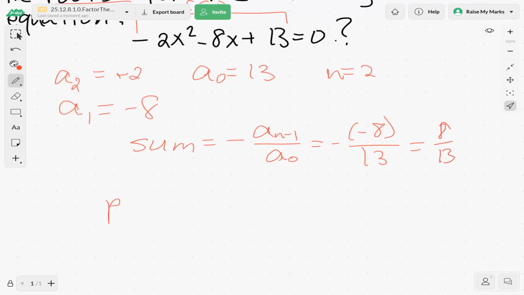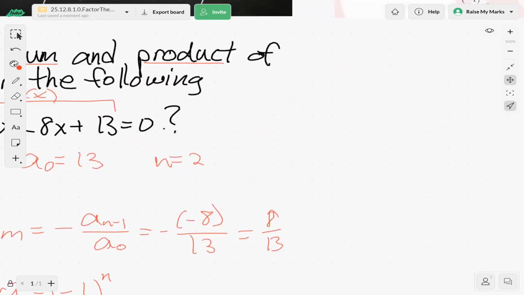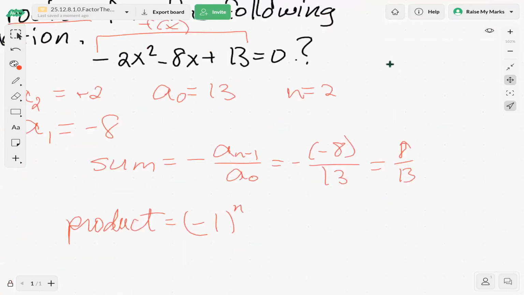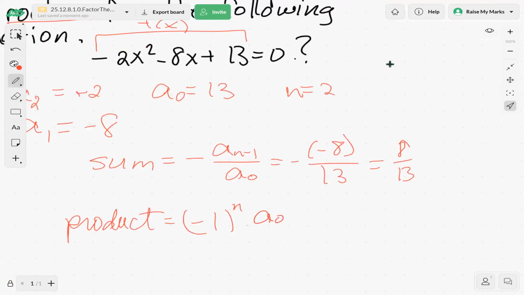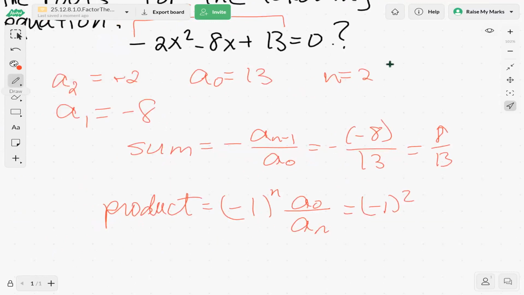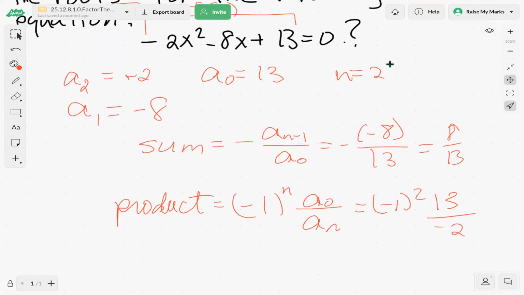And our product equals negative 1 to the power n, times a sub 0 over a sub n. Let's check, a sub 0, yes. In our case, n is 2, so negative 1 squared. A sub 0 is 13, and a sub n is negative 2. So this works out to be negative 13 over 2.